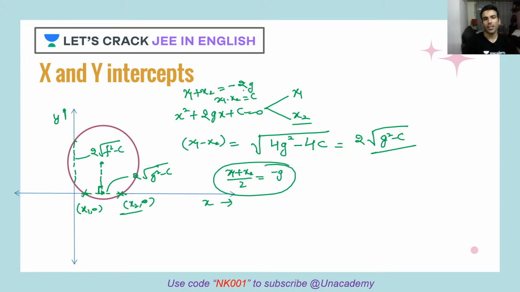Minus of g, and you can check it from mathematical information also. I am doing it using geometry, but from mathematics also it is being verified. So y1 plus y2 by 2 will be what? Minus of f. Okay, clear? I hope you understood everything, and the interpretation from geometry you can also verify with the mathematical knowledge. Okay, let's move.